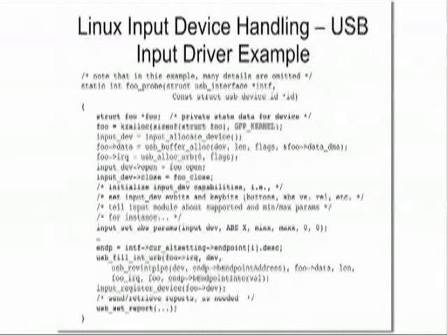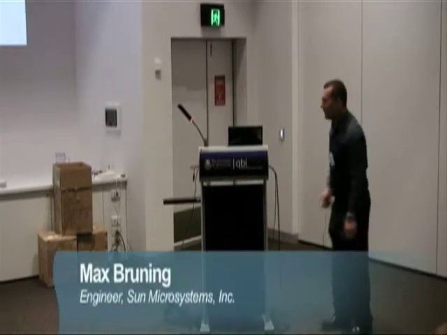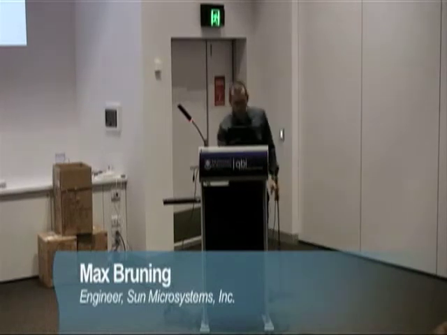Now, this example code registers with the input device, down at the end with the input_register_device call. Whenever foo_bar_irq gets called, it takes the data passed into it, forms it into events, and makes calls into the input device module.